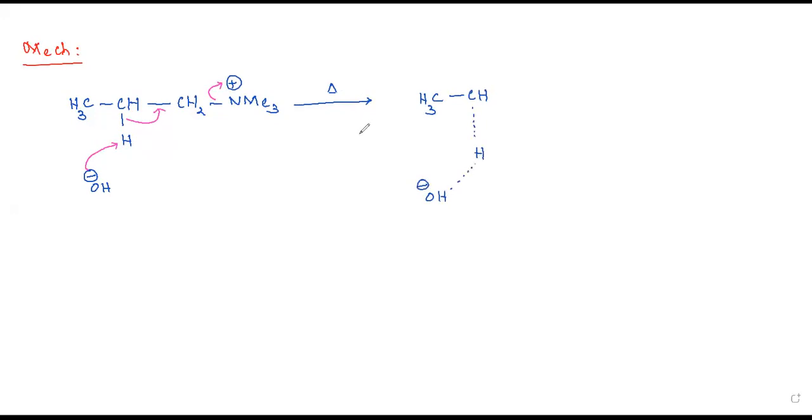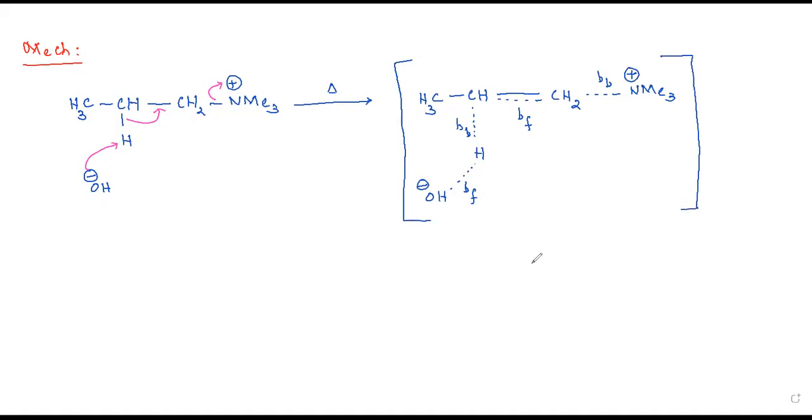This one. So this is the bond that is going to get broken. This is the bond that is going to get formed. You already got a bond here, a fresh bond. This is of course CH2. Now this bond is going to get broken, NMe3 plus. That's it. I think that is okay. Now, this is the transition state.